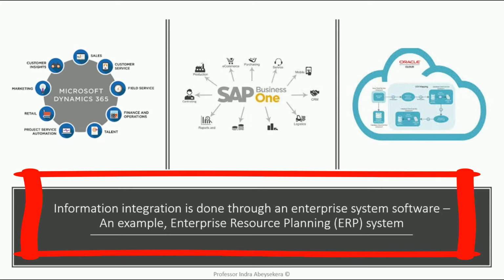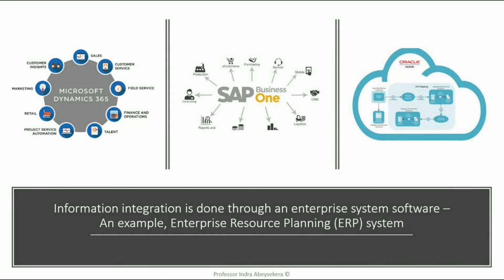There are different types of enterprise resource planning, or ERP, software systems. Three examples of them: one is Microsoft Dynamics 365, another is SAP Business One, and the third is Oracle Cloud.